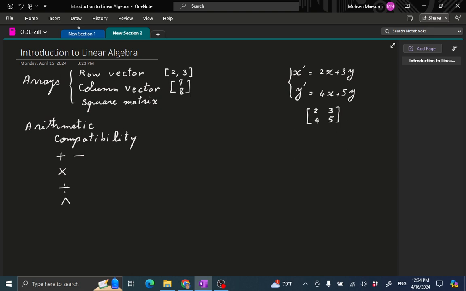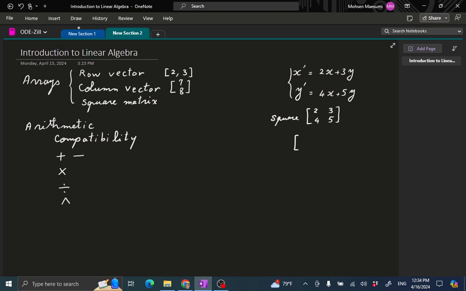A square matrix, as opposed to a rectangular matrix. So this is a square matrix because the dimensions of it in the horizontal and vertical directions are the same numbers. Every array comes with a dimension.